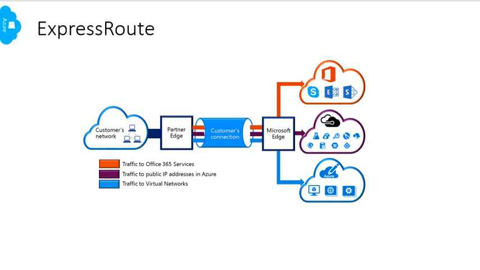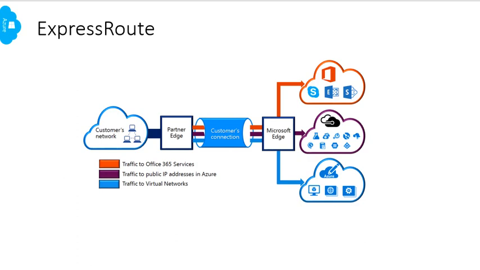Then we create the connection between the ISP and Microsoft, called the customer's connection. The routers sit within the provider and connect to the Microsoft backbone. The red one goes to 365, Skype for Business, SharePoint, Microsoft Teams and other services, or you can go to the cloud, which is the portal and all the PaaS and SaaS.